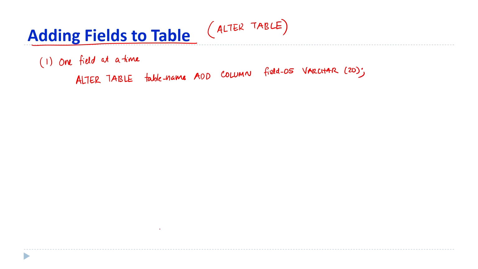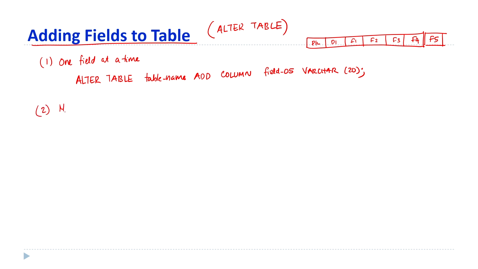Let us say there is a table like this, and you have a primary key, then ID, field 1, field 2, field 3, field 4, etc. When you add field 5 as a varchar, it takes the end of the table and adds another field, which is field 5, as a character type. So, this is the idea of alter table, one field at a time.